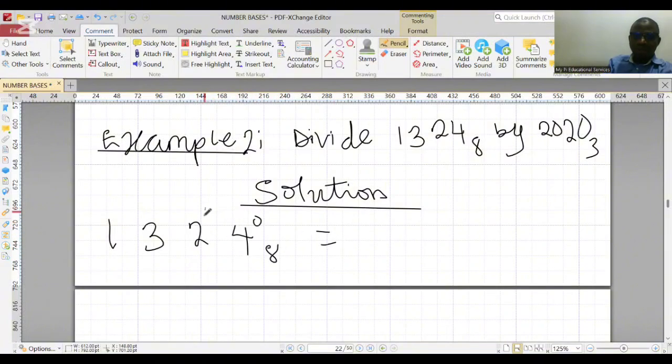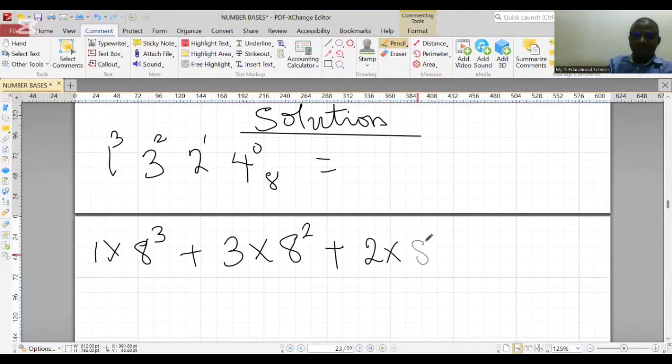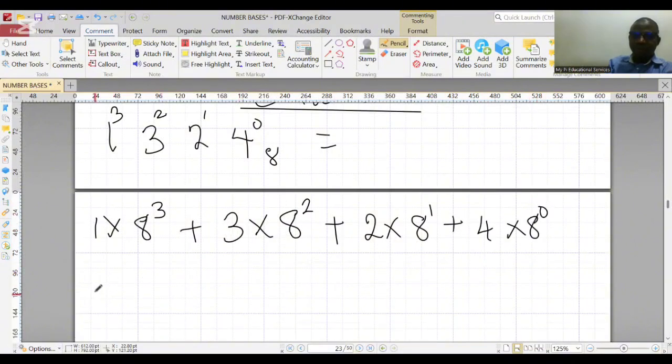So we label 0, 1, 2, and 3. The first one is 1 multiplied by 8 raised to the power of 3, plus 3 multiplied by 8 raised to the power of 2, plus 2 multiplied by 8 raised to the power of 1, plus 4 multiplied by 8 raised to the power of 0.